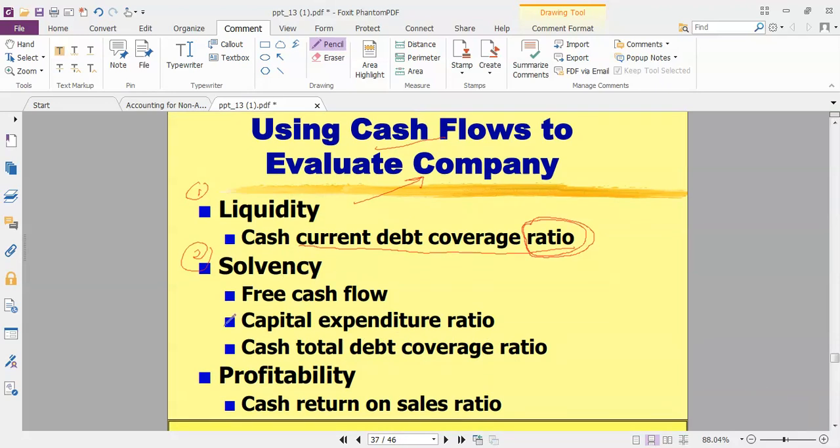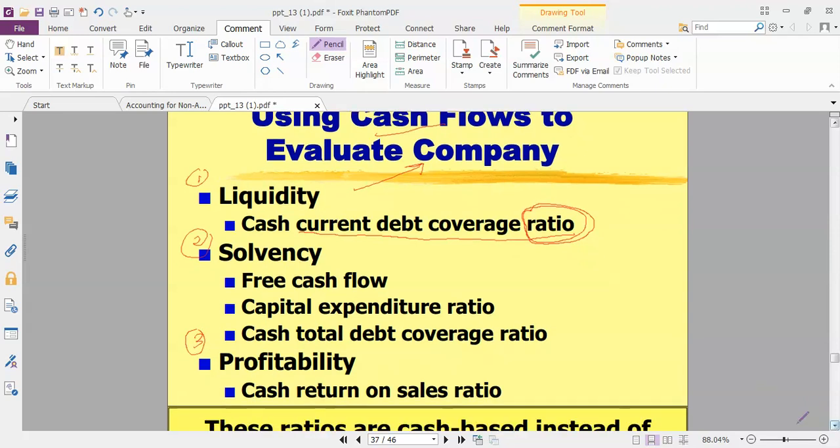So what else? The third one is the profitability ratio. Profitability is how much the company earns from the sales of the product, how much the company can generate income from the selling of the product.